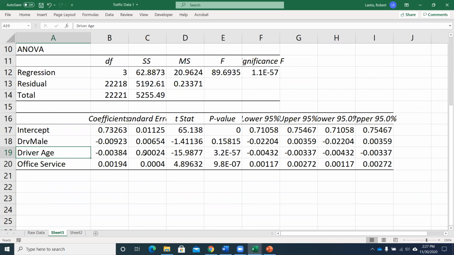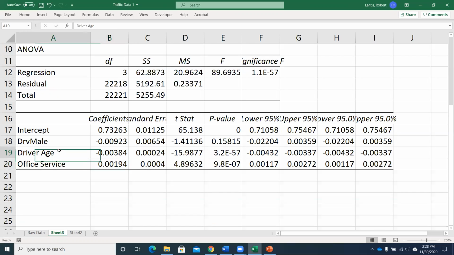So the way I could interpret these results is that a 1 unit increase in the officer's years of service changes the predicted probability of getting a ticket by 0.002. So the longer an officer is on the force, the more likely they are, when they pull someone over for speeding, to write a ticket.